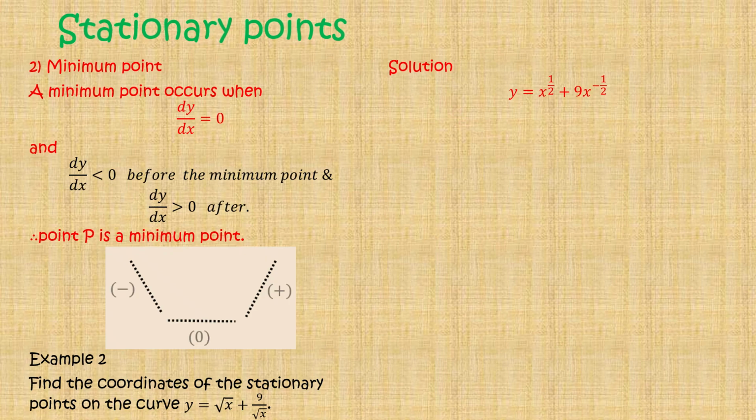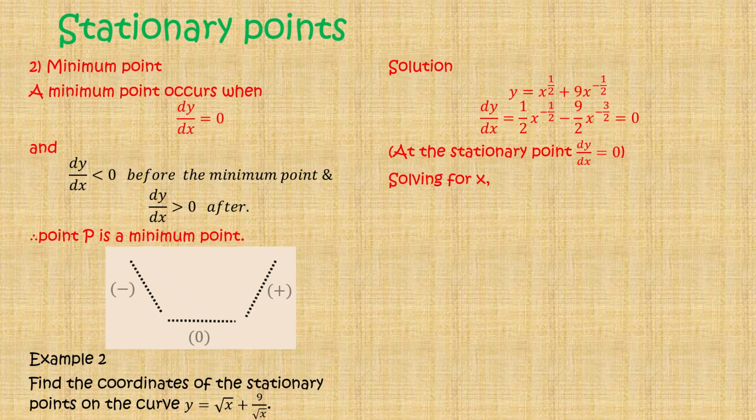Now, we find the derivative of y, dy dx, which becomes that. And then we equate that to 0 because at the stationary point, we know that the dy dx is equal to 0. When that happens, we move on to solve for x. So from the dy dx is equal to 0, we solve for the x.